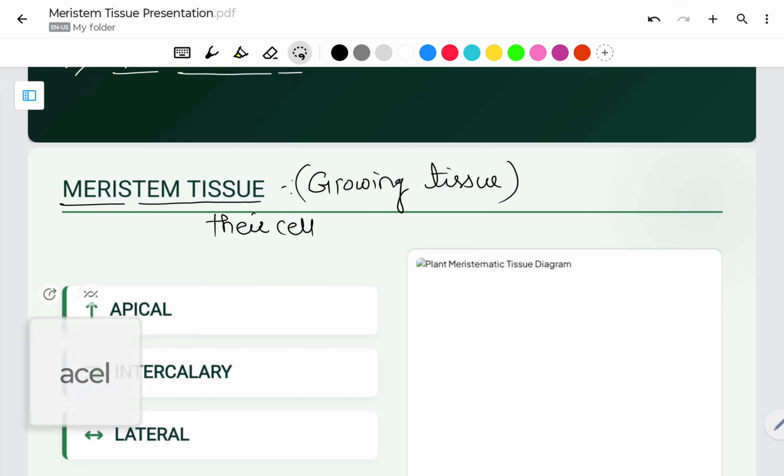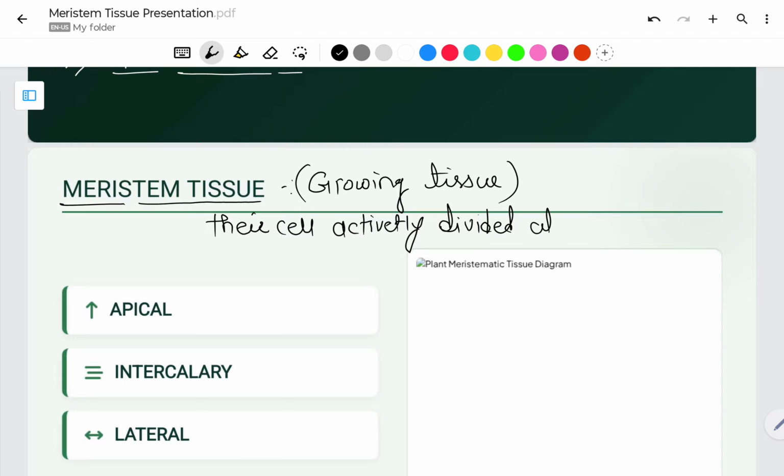Its cells actively divide at a specific region, at a specific area. So these are the meristematic tissue. Now this tissue has certain characteristics.